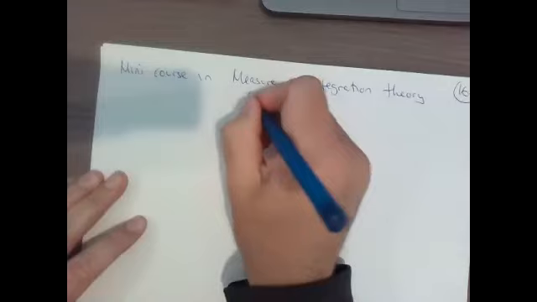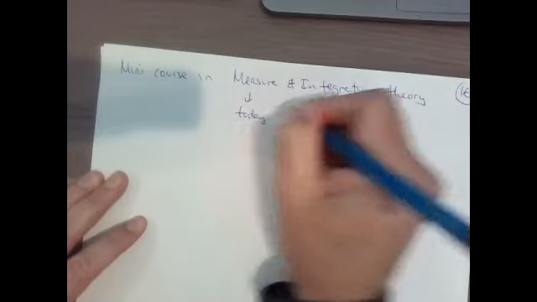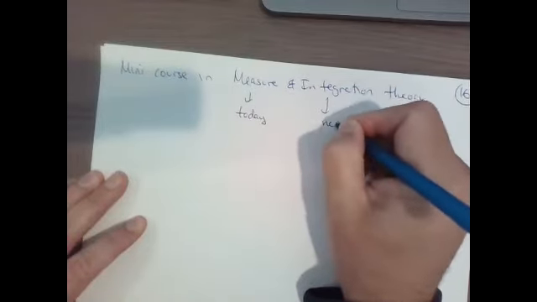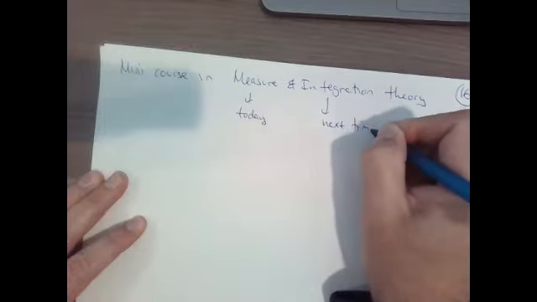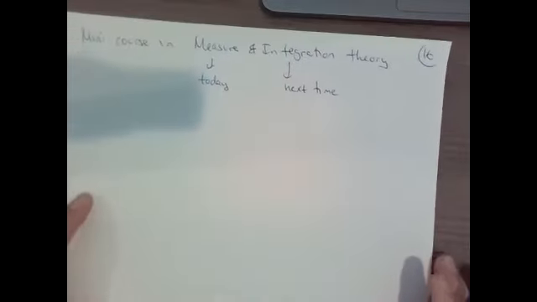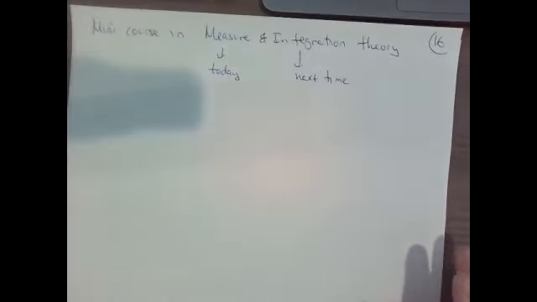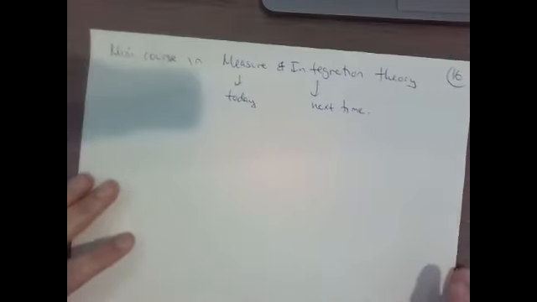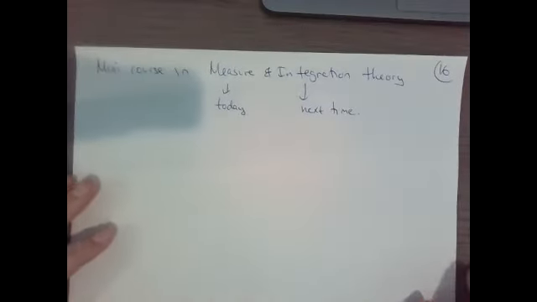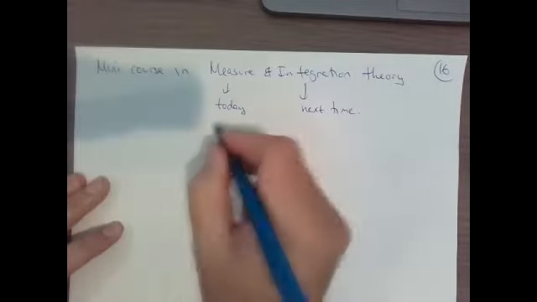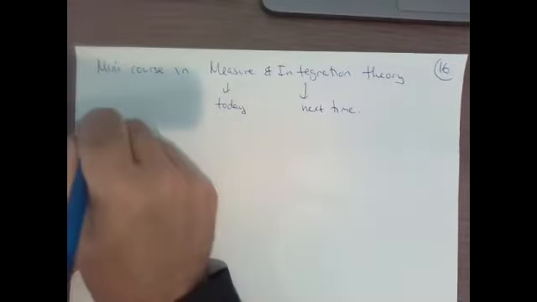This here is going to be today, and this thing here is next time. There's something called a triplet. So we need to know, this is today, what is a measure space?